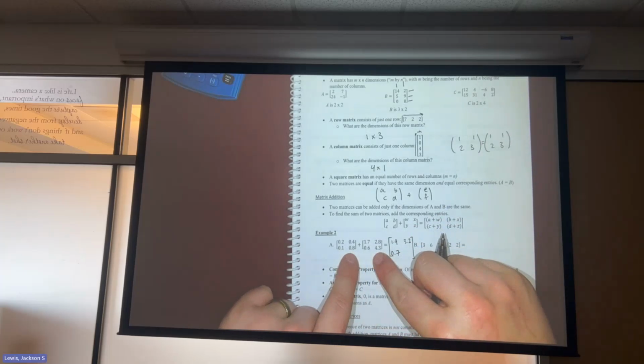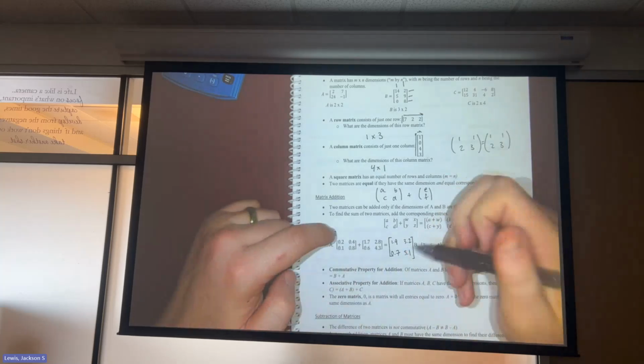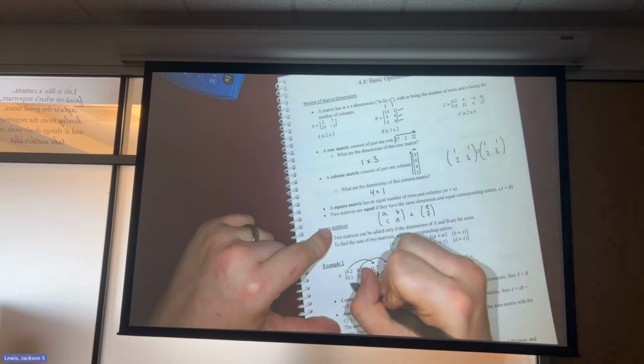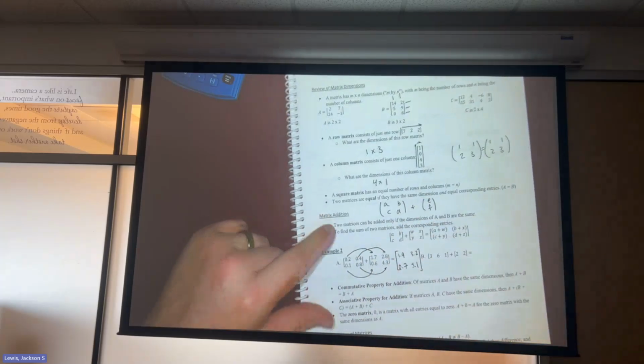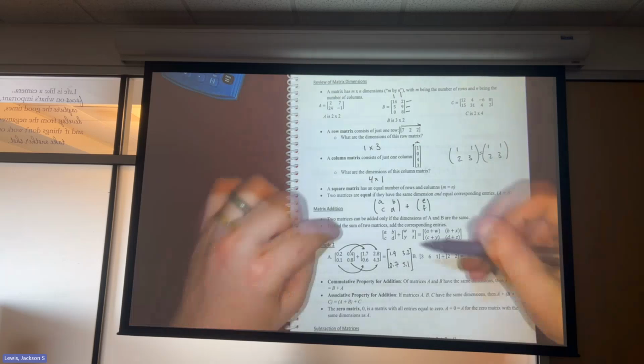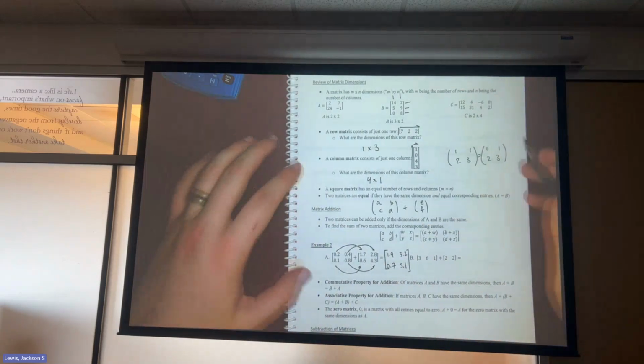And 0.8 with 4.3 is 5.1. So this one goes with this one, and that one goes with that one. Very straightforward. It's basically combining like terms. It is technically exactly combining like terms, but here we're just combining the same entries of the matrices.